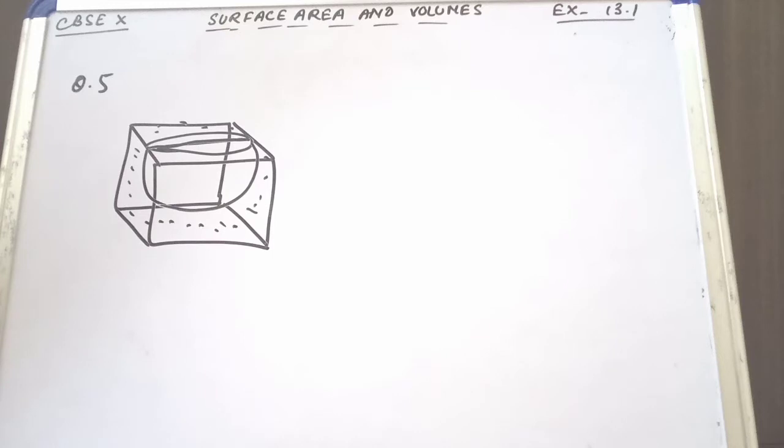You will just remove the area of this hemisphere and you will get the area of the remaining portion. But it's wrong, because you have to find out surface area, not volume. Surface area means area of the surface.